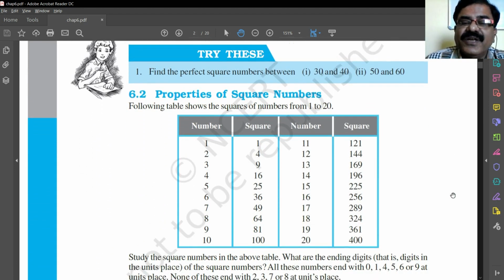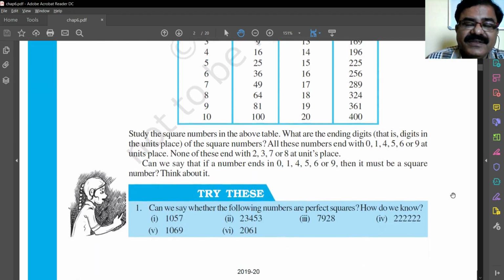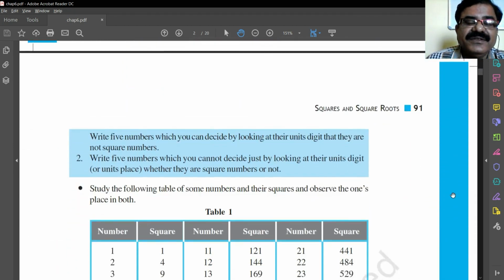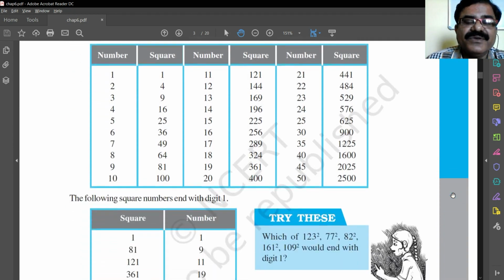You should also remember the squares of the numbers from 1 to at least 30. Multiply and write them again. Remember this, and it will be very beneficial when you solve questions.